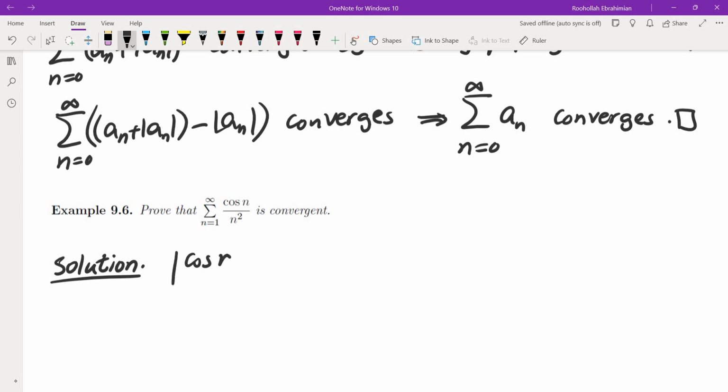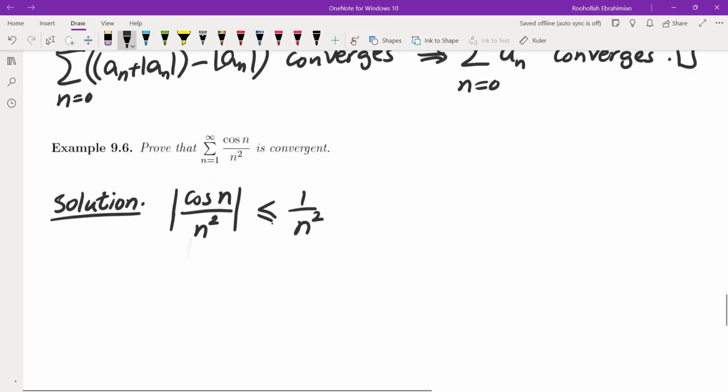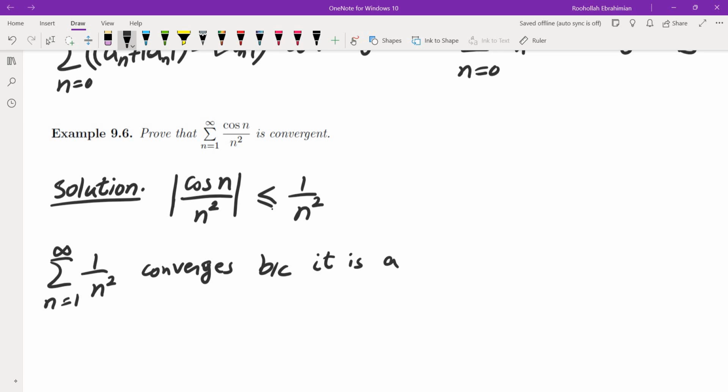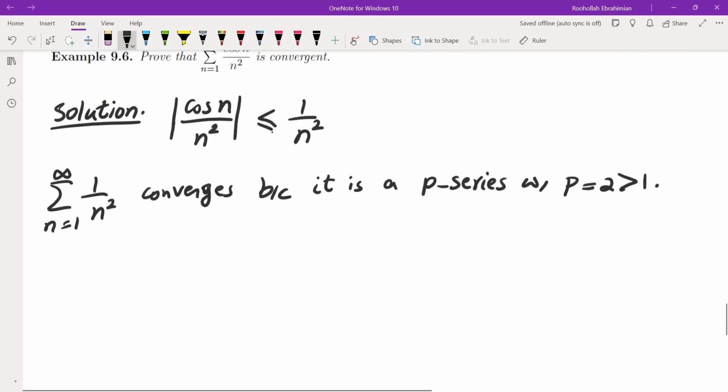Let's do that. If you look at the absolute value of cosine of n over n squared, this is less than or equal to 1 over n squared. Now, I know the sum of 1 over n squared converges, because it is a p-series with p equals 2 and p is more than 1.